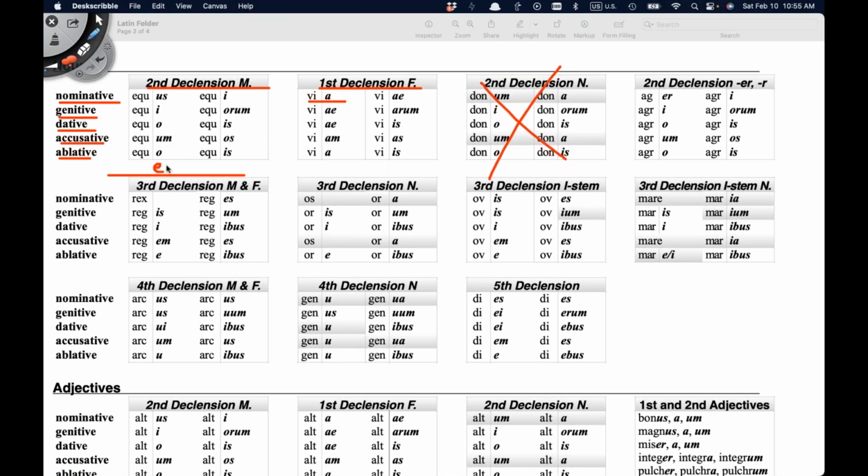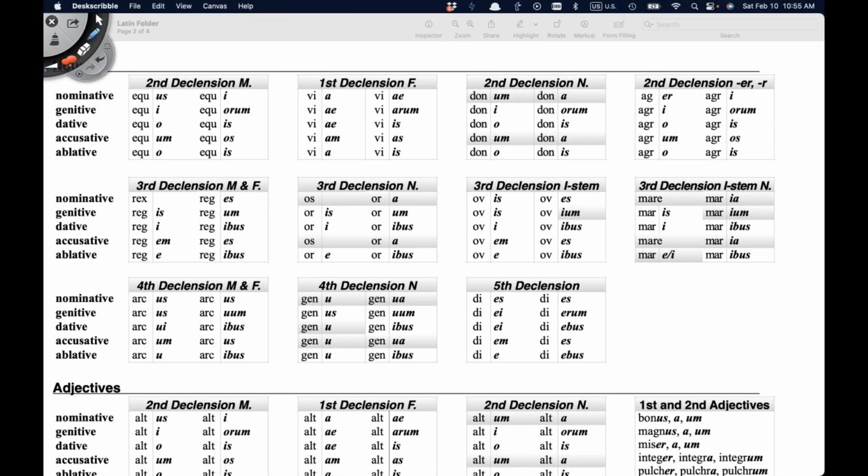In some cases, like with filius, meaning son, it might end with an i. And then the plural is identical to the nominative. So really the only place I needed the vocative was right here. Usually it's an e, so I'm just going to put it there. I just decided not to include it in the charts, just to save space.